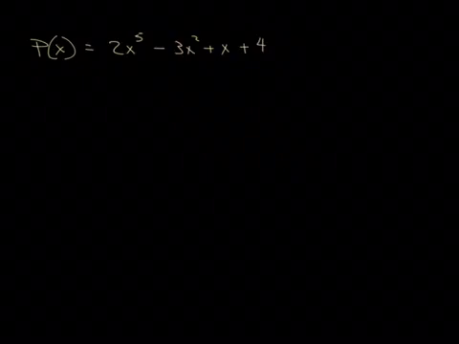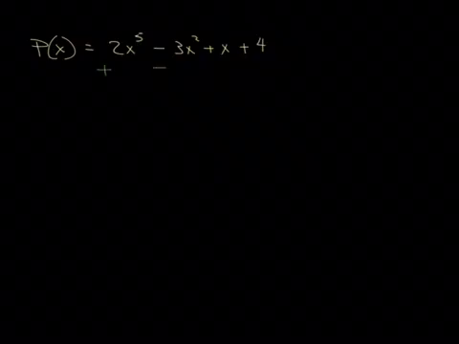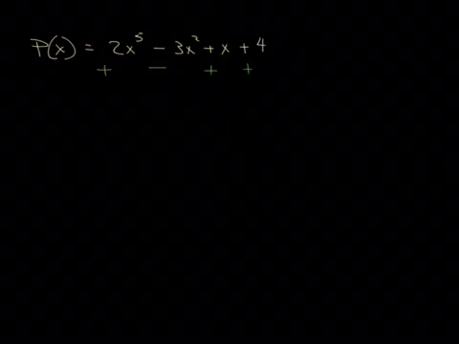Then we determine the number of variations of sign, which means we look at each term and see what the sign is. All right, so here we have a positive, here we have a negative, a positive, and a positive. We're looking for variations of sign, where it switches back and forth.